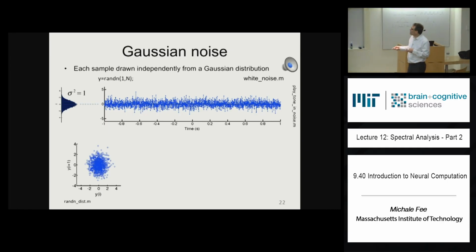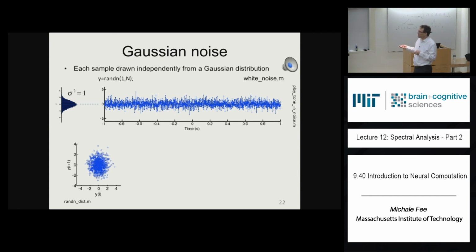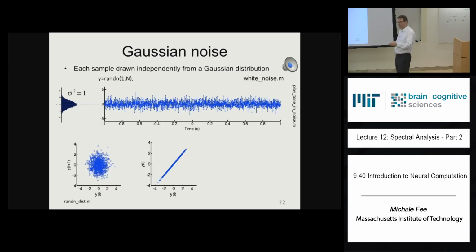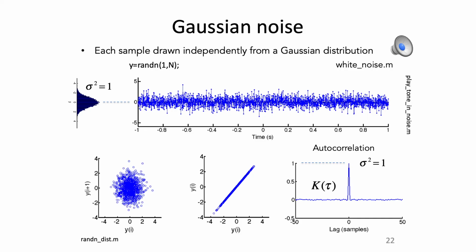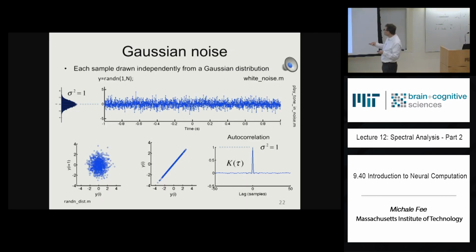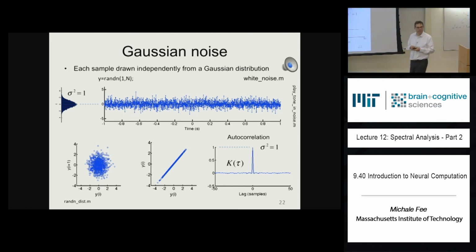What about the correlation of the signal at time t with the signal at time t? Well, that's perfectly correlated, obviously. So we can plot the correlation of this function with itself at different time lags. Remember, that was the autocorrelation function. And if we do that, you get a 1 at 0 lag and 0 at any other lag. Okay, so that's the autocorrelation function of Gaussian noise.